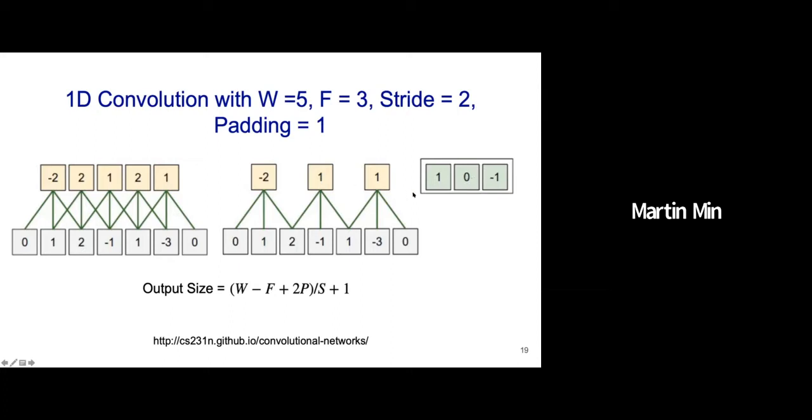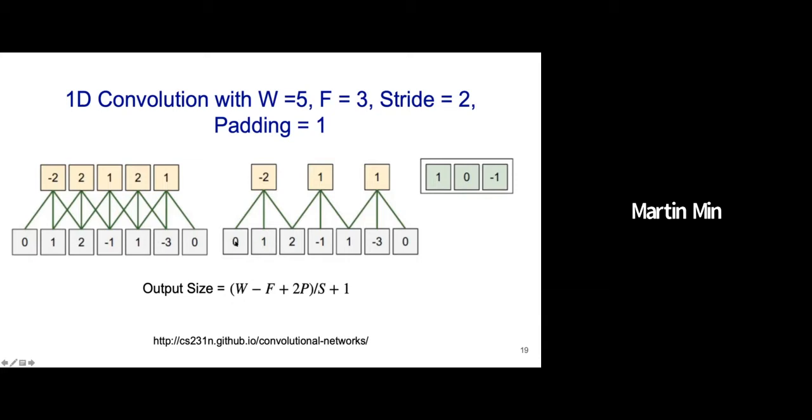So you can see that we just slide this 1, 0, minus 1 across the input. We have the element-wise multiplication, and for the first position, the elements 0, 1 and 2 multiplied element-wise with 1, 0, minus 1, we get the output of minus 2. Then we move the sliding window. If we move one step, the stride is 1, but actually we move 2 steps.